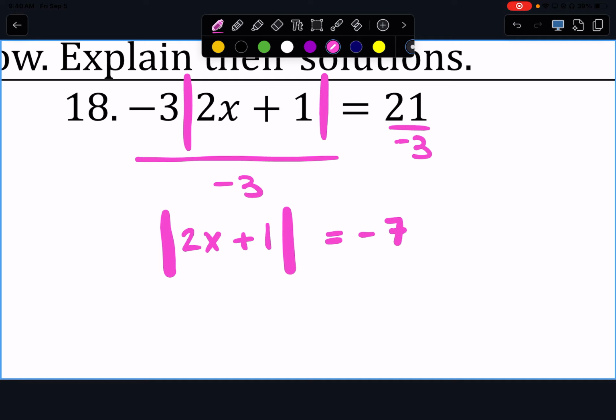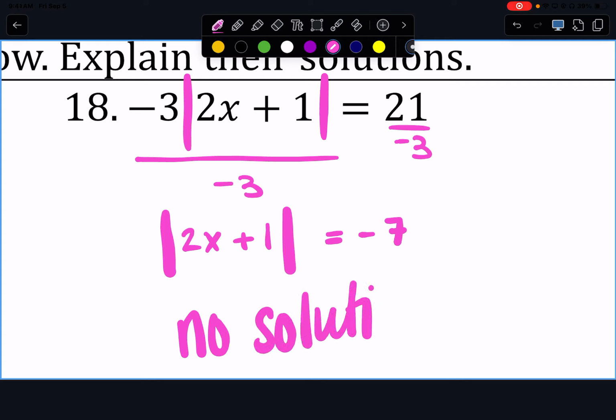Can I do that? No. If your absolute value equals a negative, it is no solution, or the empty set. Okay, so when an absolute value equals a negative, it doesn't work.